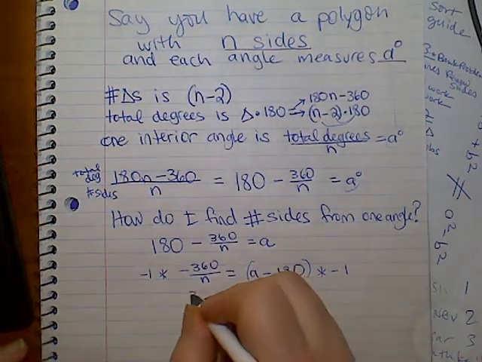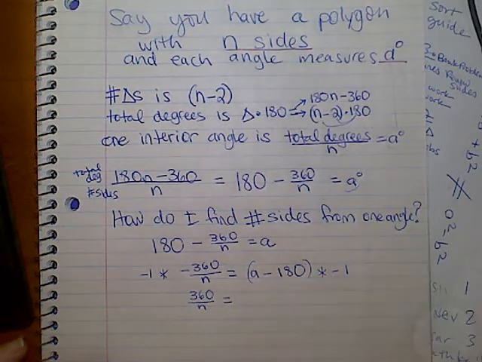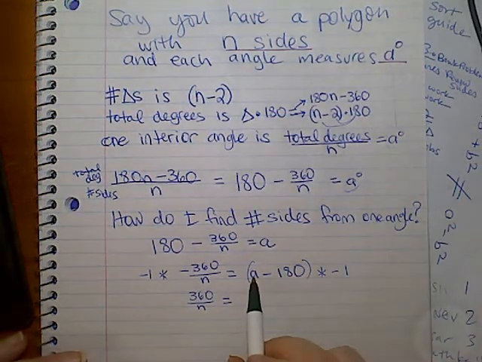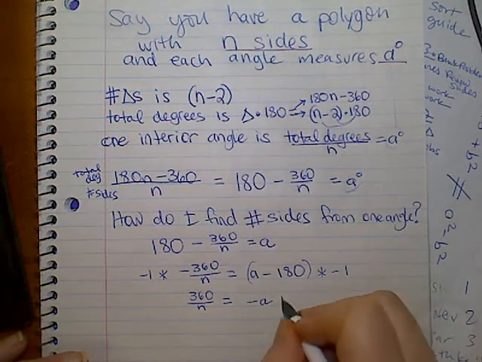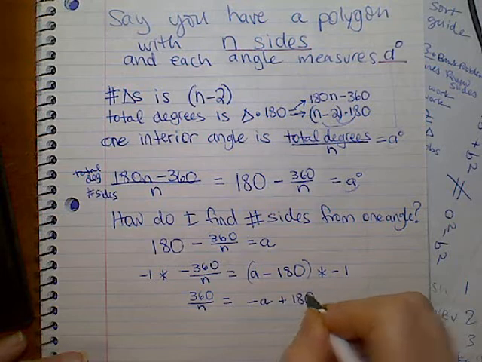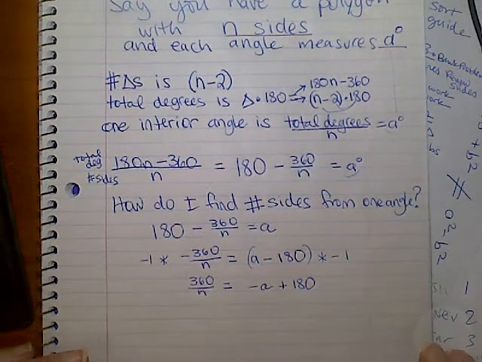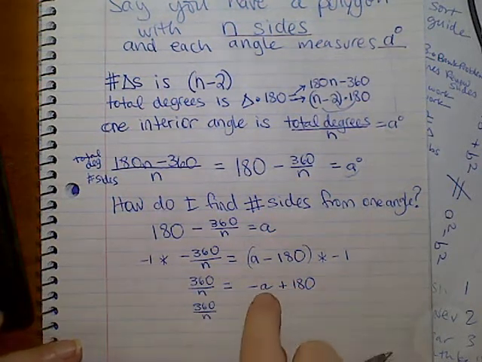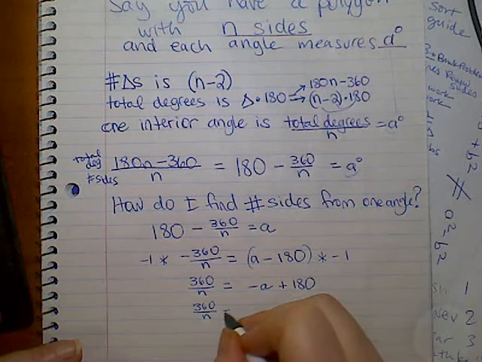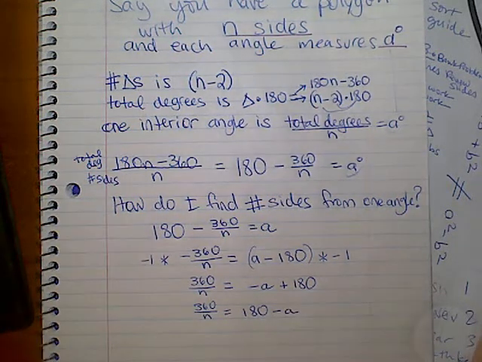And that's just going to turn this fraction positive. And that's going to make this be a negative a. And that's going to make that a positive 180. And now, just for style, I'm going to reverse the order of this so I have my positive in front. And it just looks like a nice subtraction problem.